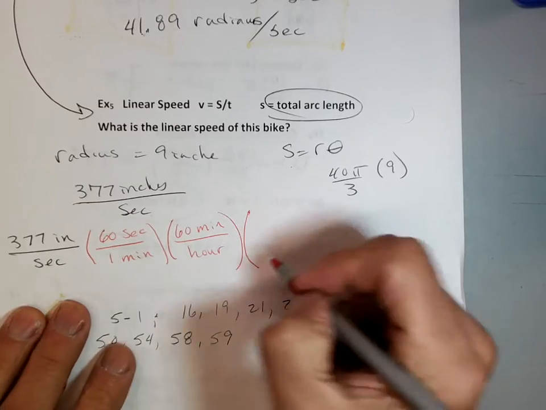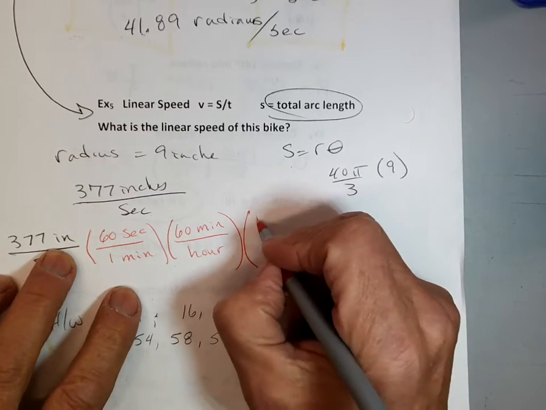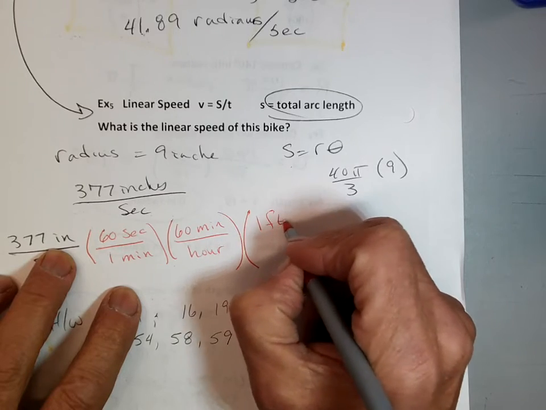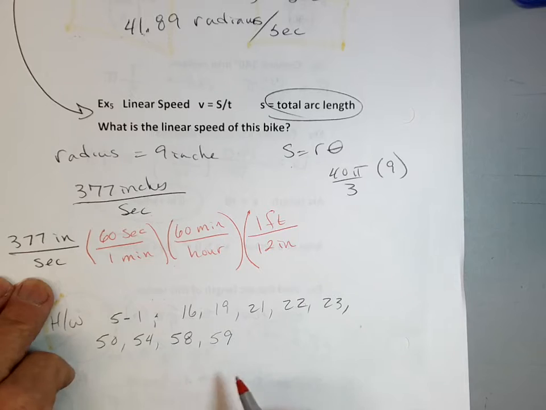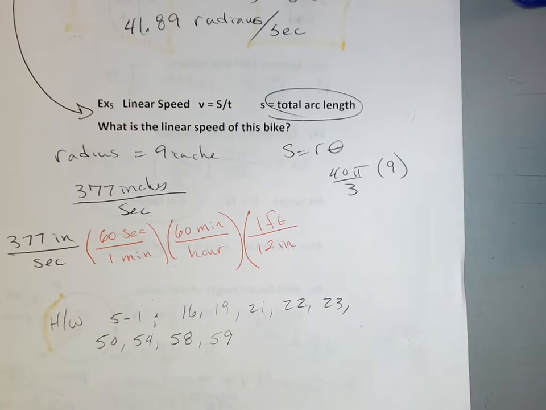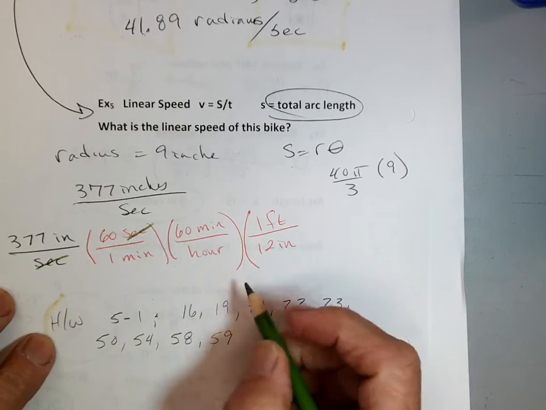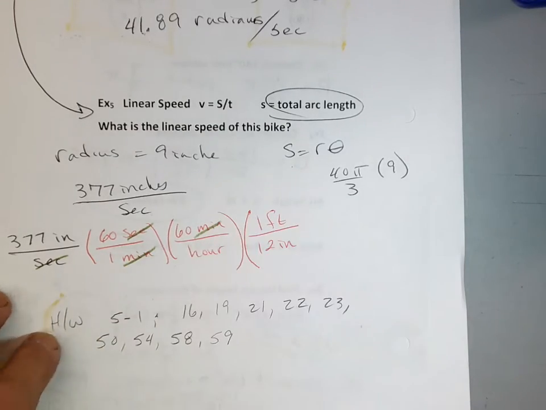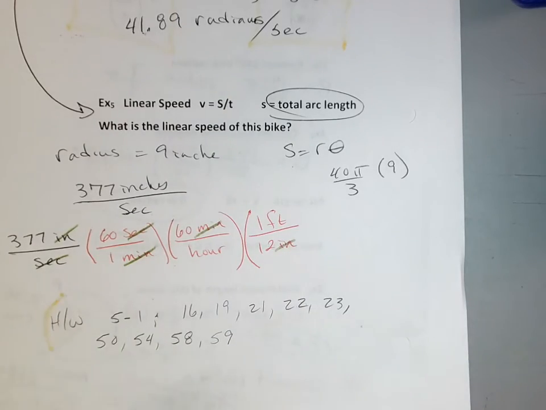So let's change this. I got to cancel my inches. There's 12 inches in 1 foot, so 1 foot is equal to 12 inches, right? So my inches cancel. In fact, we could even do a little canceling because it's kind of fun to cancel, right? I can cancel seconds with seconds. I can cancel minutes with minutes, right? I like doing the cancel. Now I can cancel inches with inches, right? Now how many feet are in a mile?